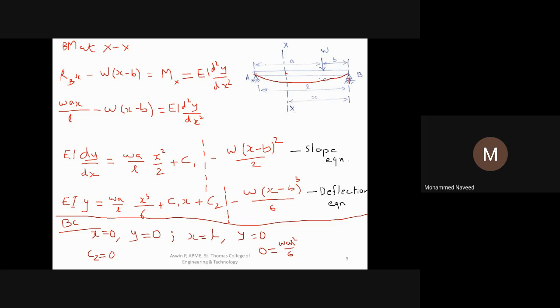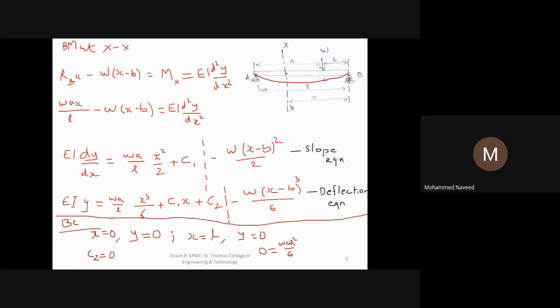W into (x minus b), there you put x as L, right? Then W a cube by 6 will come.